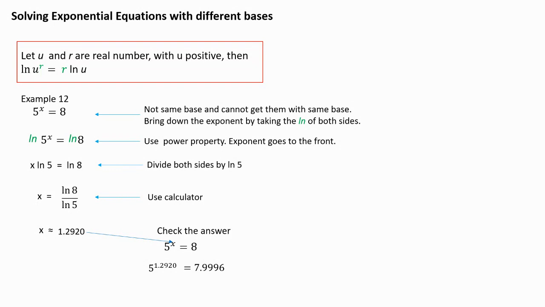Let me put it on the chat. The ln of 8 divided by 5 is equal to the ln of 8 minus the ln of 5. Okay, let me put it here on the chat real quick.